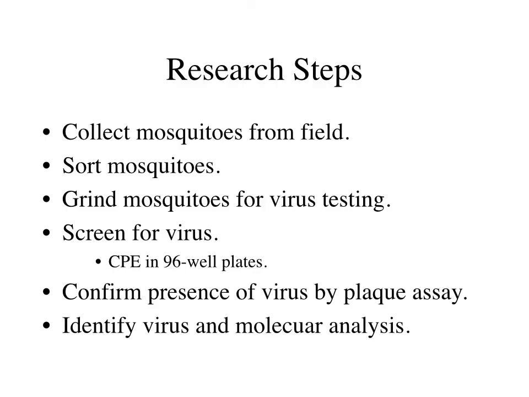Okay, so these are the steps that we had to go through in order to do this particular project. So the first thing, of course, is we have to collect the mosquitoes from the field. And to do this, we used gravid traps. The way these traps work is that in the black container at the bottom, we would put hay infusion.